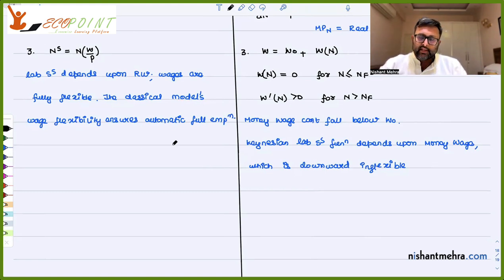So there can be equilibrium even below full employment, which is not possible for classicals, because in that case wages would fall if there was unemployment, and with the lesser wage people would employ more labor and employment would be restored.